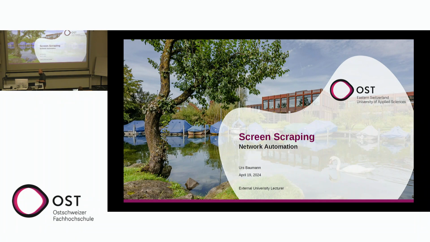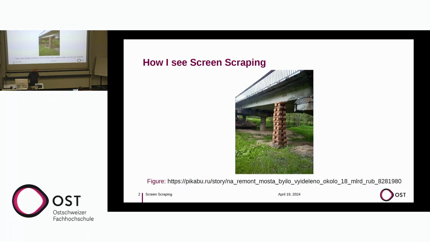So for me, the picture I saw once, where I immediately had to think about screenscraping, was this one. It is just, how can I say that? It's just a hack. It's just working around because we don't have the proper APIs, because we don't have the proper interfaces to talk with our device.